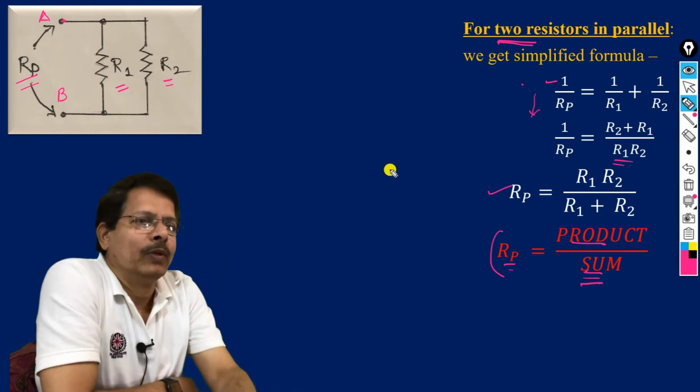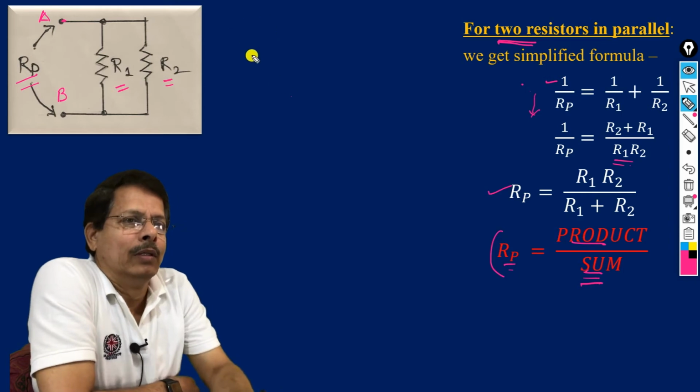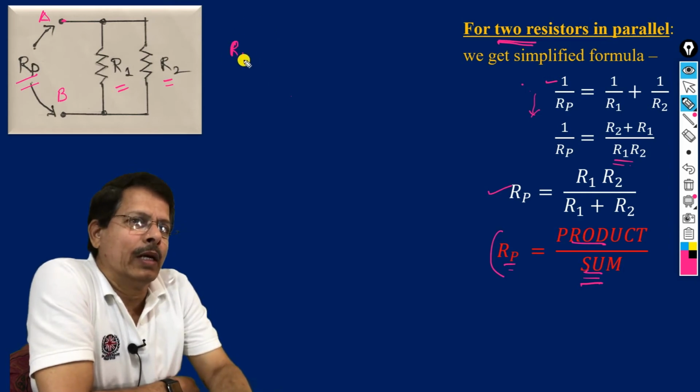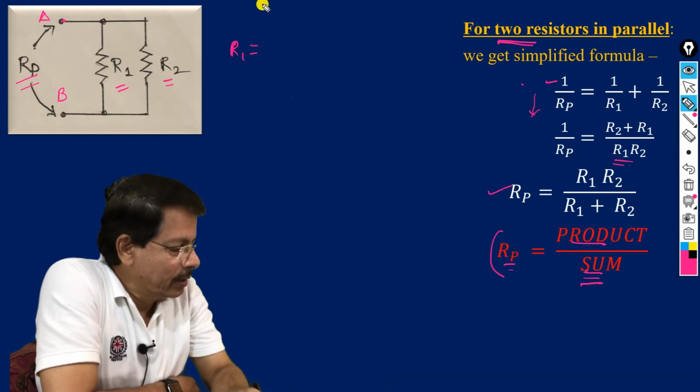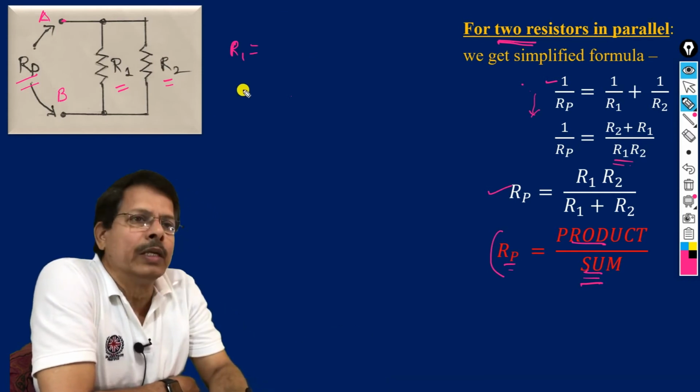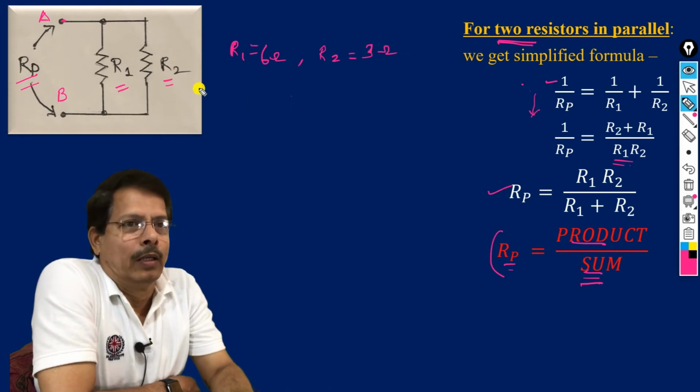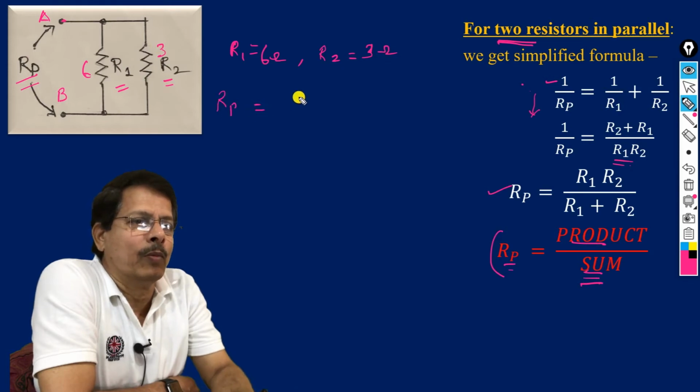For example, let us take R1 equal to, say, 6 ohm, and R2 as, say, 3 ohm, and suppose that this is 6 and this is 3. So Rp is product upon sum.